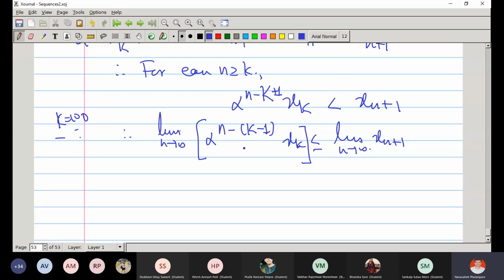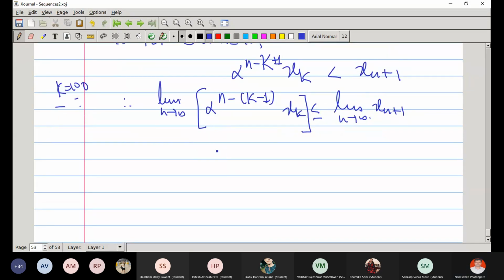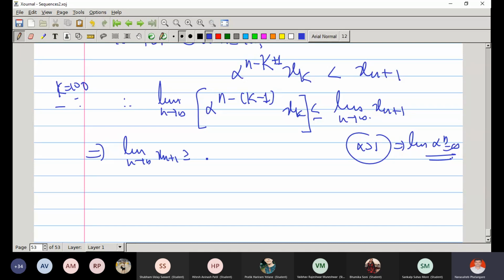So what is the limit of the left hand side? Infinity, because alpha is greater than 1. Therefore, the limit of alpha raised to n is infinite. That is clear, and hence the limit as n tends to infinity of x_{n+1} is greater than or equal to infinity.